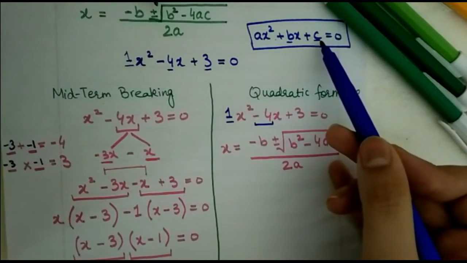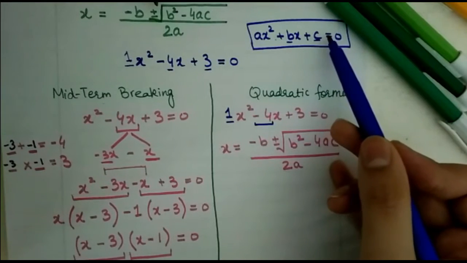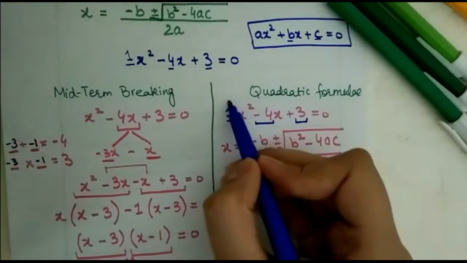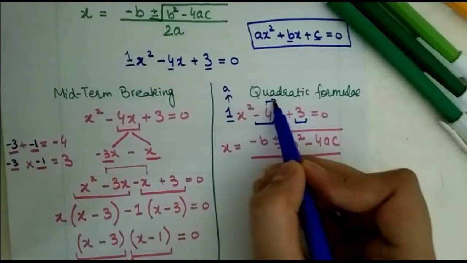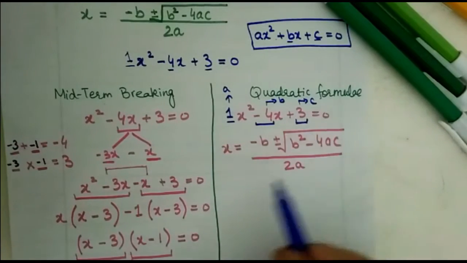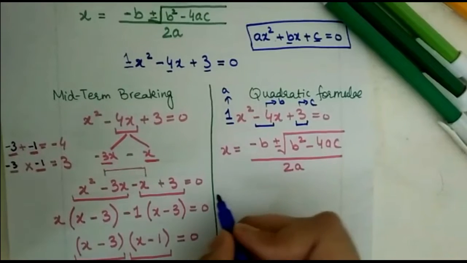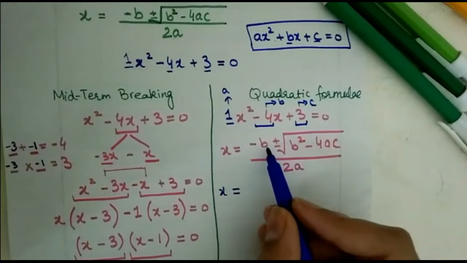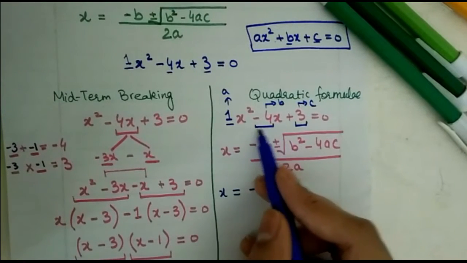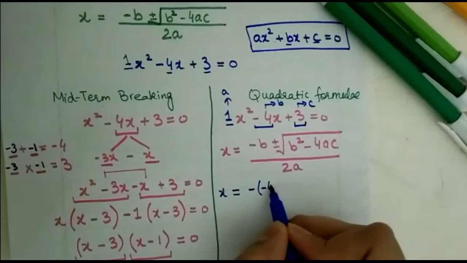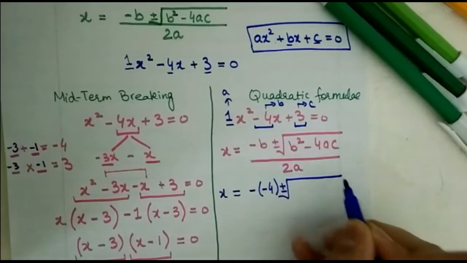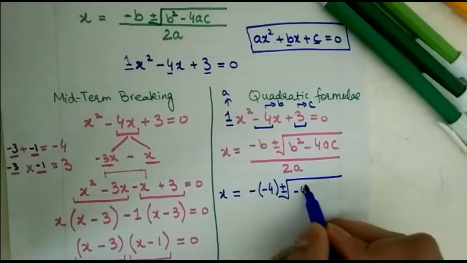Now over here c is the constant. It has no variable with it, and I get 3 as c. So this is a, b and c. I'll be substituting the values of a, b and c into the equation, and let's see what happens. In place of b, first the negative sign, then minus 4, plus minus the square root of b square, that is minus 4 whole square.